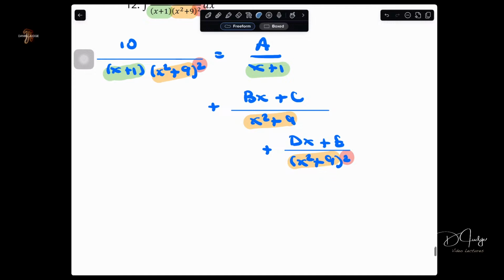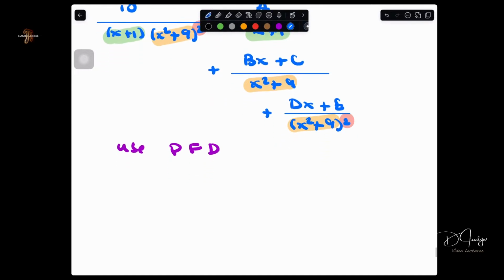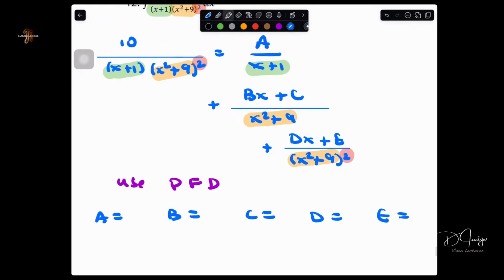So what I'll say now again here is use partial fraction decomposition, where we need the values of A, B, C, D, and E. We need those constants due to partial fraction decomposition, because we're coloring blue.